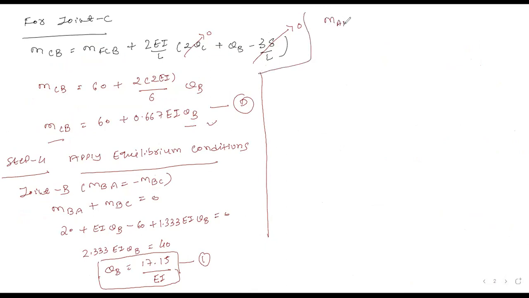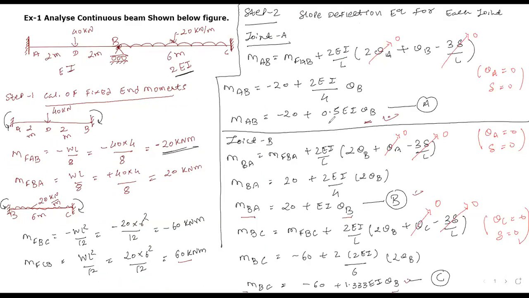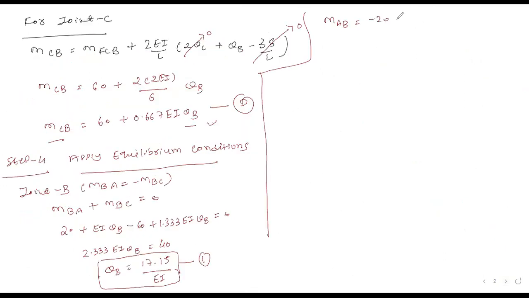Let's see, MAB should be equal to minus 20 plus 0.5 EI theta B. Put the value of theta B, that is nothing but 17.15 divided by EI. EI will be cancelled out. Yes or no? What will be the value of MAB? Minus 11.425 kilonewton meter.